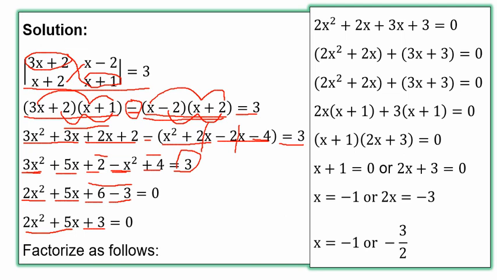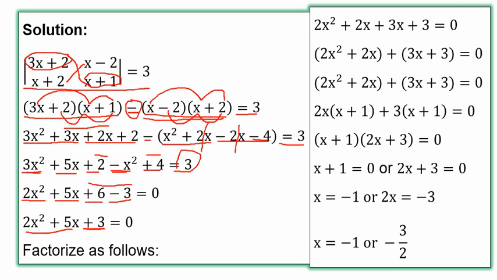The next thing is to factorize. When factorizing, since the coefficient of s squared is not equal to 1 but 2, multiply 2 by this 3, you have 6. So you look for two factors of 6 whose sum is 5 and whose product is 6, but you do that in terms of s.